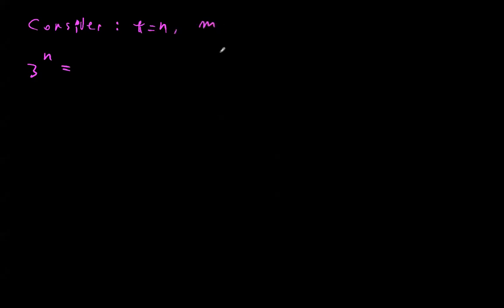So we want to write 3 to the n using 3 to the n consecutive integers. We don't know what our m is. So we're going to have m, and then prior to m, we're going to have m minus 1. Then past m, we're going to have m plus 1. And we're going to go all the way up until 1 less.